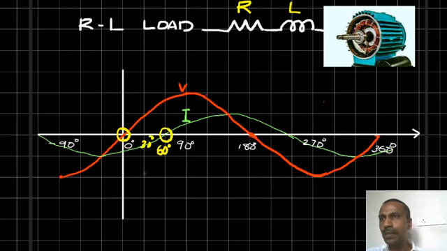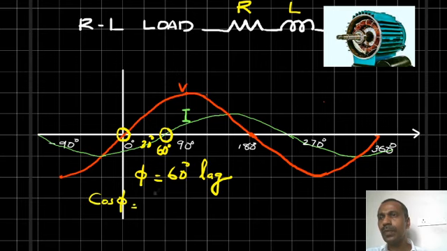So you can say the current lags behind the voltage by 60 degrees. So phi equals 60 degree lagging. So in this case, cos phi is equal to cos 60. So this is the case of an RL load. So this is lagging type, current lags behind the voltage, and this lagging angle will be somewhere between 0 and 90, as you are having both resistance and inductance.